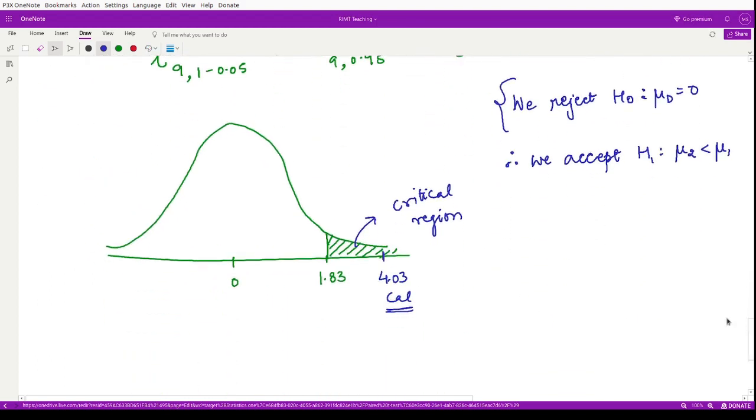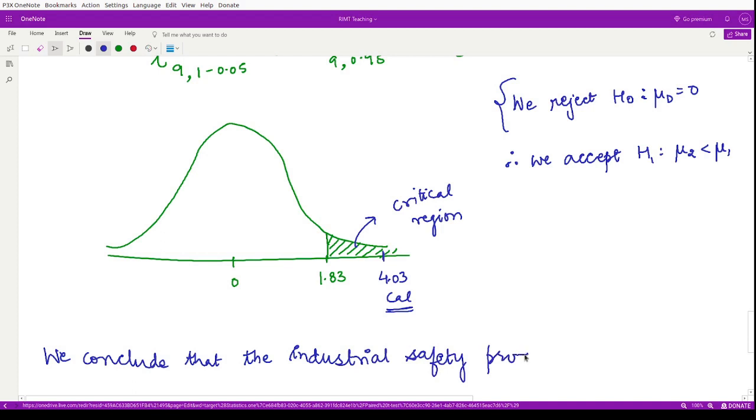So from the test, let me write down the conclusion. So we conclude that the industrial safety program is effective at 5% level of significance.